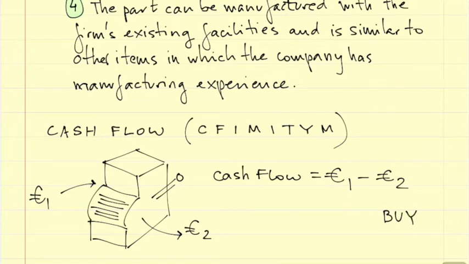If you make, you're also spending money, but you're spending less money if you make than if you buy sometimes, or you're spending more money if you buy than if you make. So which trade, make or buy, gives you a better cash flow?